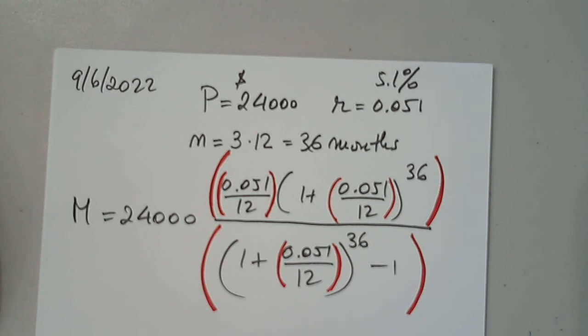So now make sure that all these parentheses have pairs. See, this with this, this with this, this with this. When I click enter, I will obtain what is called the monthly payment for the loan. And this is for 36 months. So when I press enter, I get 720.38.